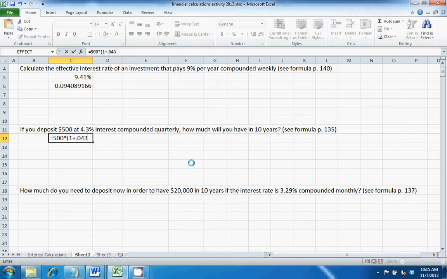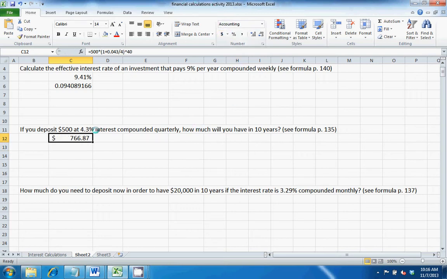So 4.3% is our APR, but we want to convert it to a periodic rate, so we have to divide by 4, raise that to the power of how many compoundings we have total. So we have 4 compoundings per year for 10 years, so that's going to be 40, and then we can format that as a dollar amount easily. So that's typing that one in by hand.